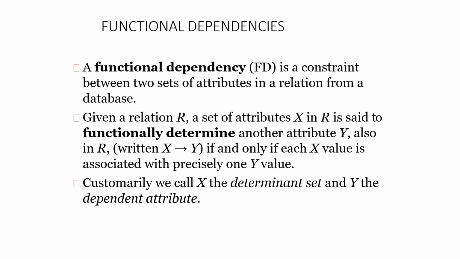A functional dependency is a constraint between two sets of attributes in a relation from a database. Given a relation R, a set of attributes X in R is said to functionally determine another attribute Y, also in R, written X → Y, Y is functionally dependent on X, if and only if each X value is associated with precisely one Y value.